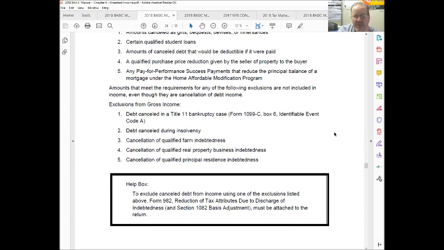What insolvency means is that if I take everything that I own, even my car and my stamp collection and my baseball cards, anything that is of value, and what I owe is greater than what I own, then I am insolvent, okay? That includes the house, retirement accounts, everything like that.